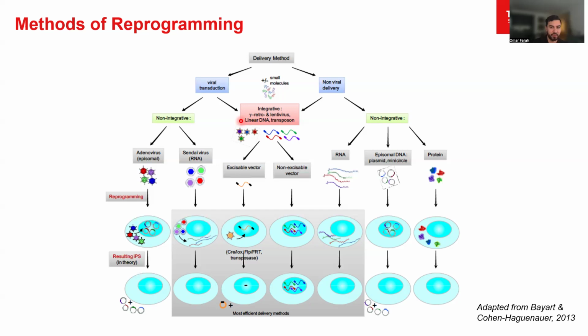Now, on the other hand, non-integrative methods are methods by which you can deliver your payloads, right? You can see actually over here. You can deliver your payloads into the cells, but without having that transgene be incorporated into the genome of the host cell. So this is more of a transient delivery method where you get cells to basically act like factories and express your construct.